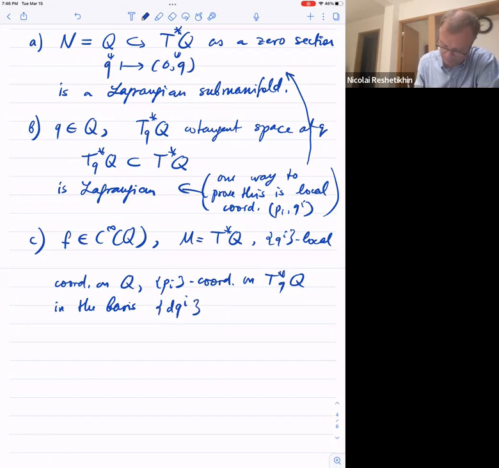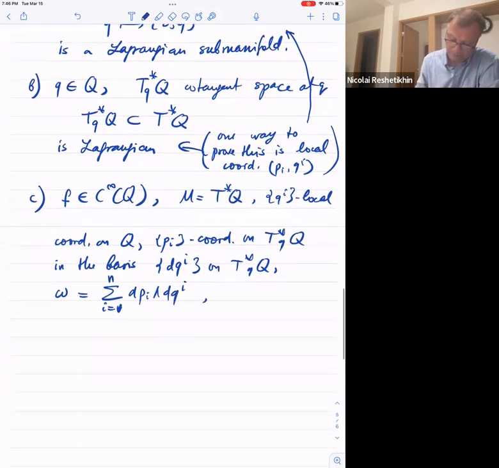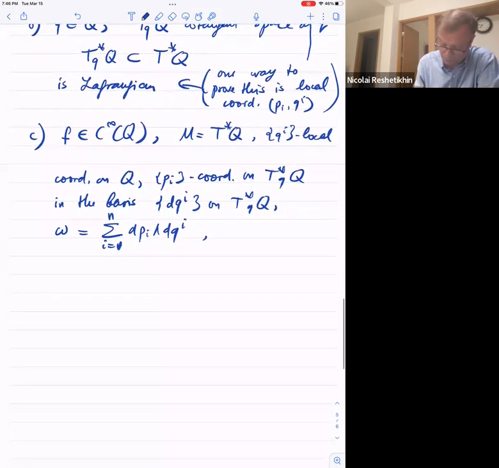That's a basis in T star Q. And the symplectic form is just the sum of dp_i dq_i. So this is our symplectic manifold.